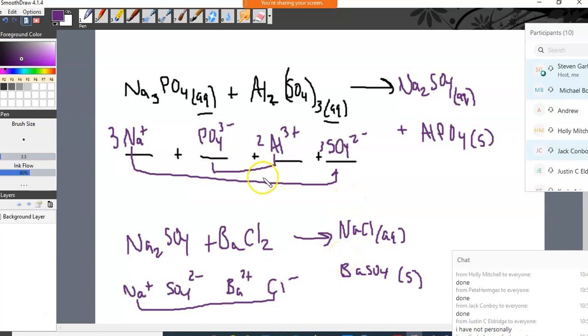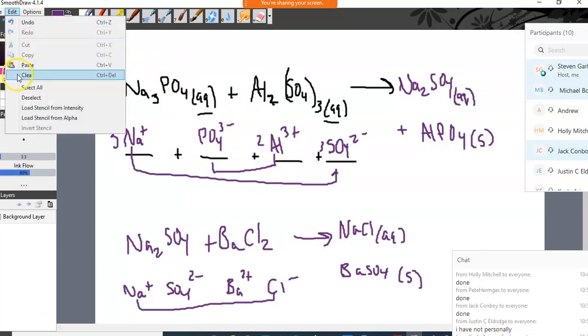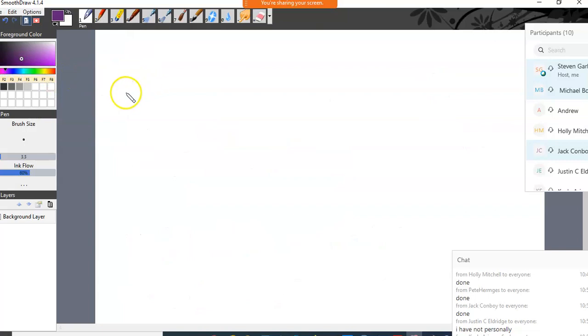Okay, there's another example. Let's finish this complete ionic equation. I need to make this smaller, so let me clear this. Sodium phosphate aqueous plus aluminum sulfate, Al2(SO4)3.